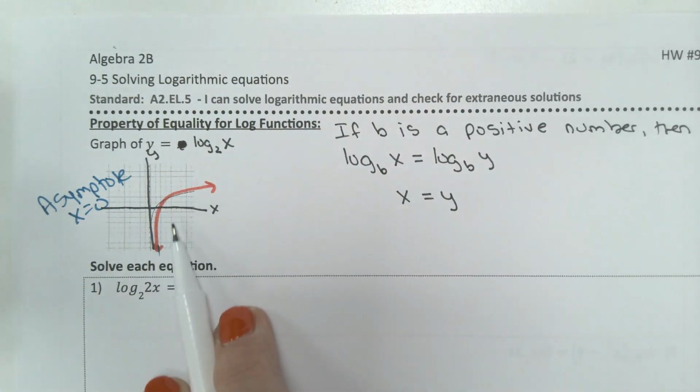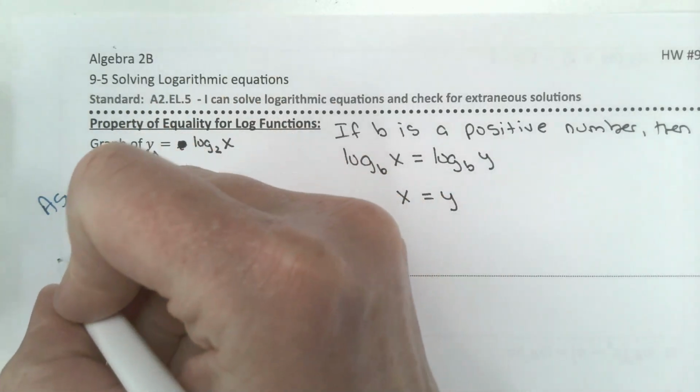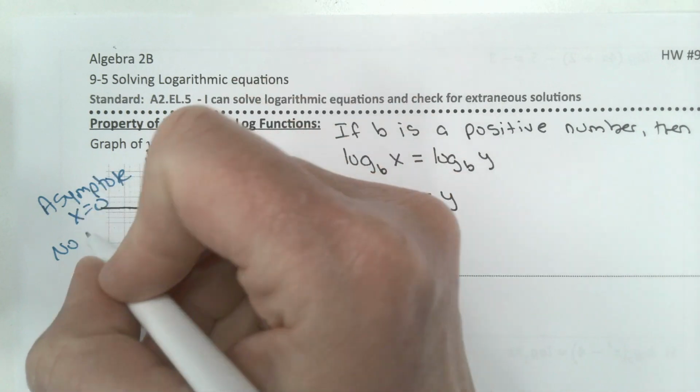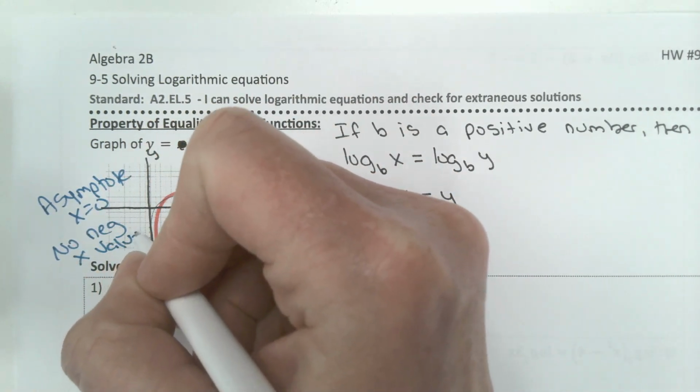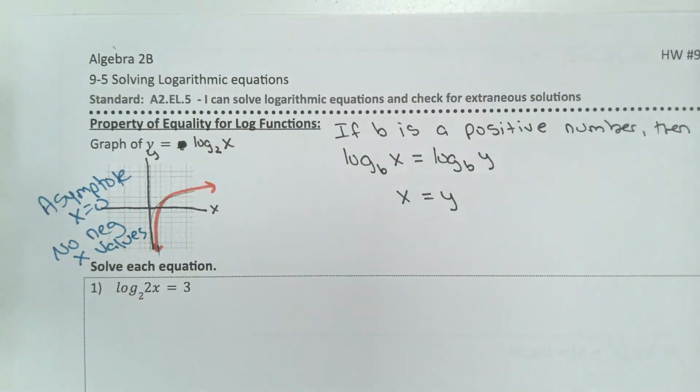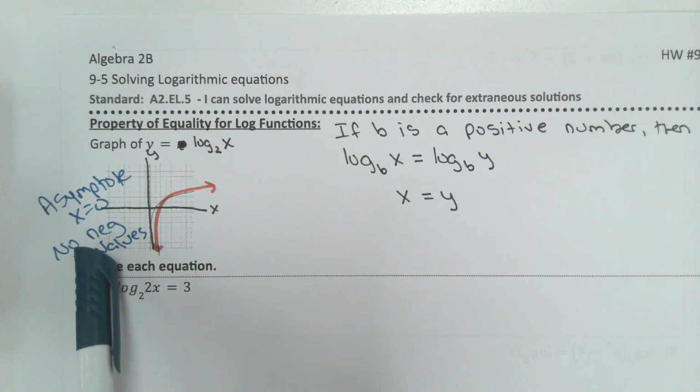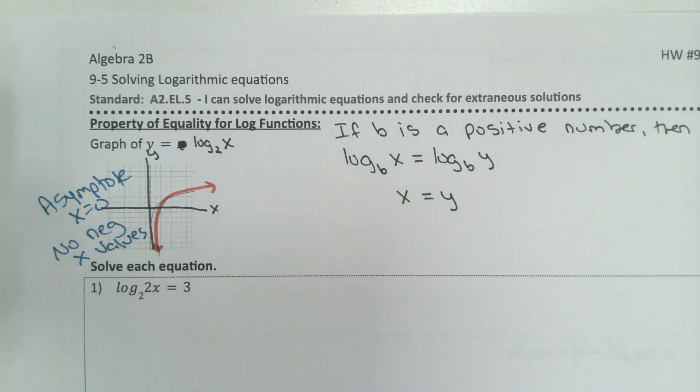Because there is an asymptote, there will be no negative x values. That is why you cannot take the log of a negative number, because if we had made you graph it, you would probably have a better understanding.